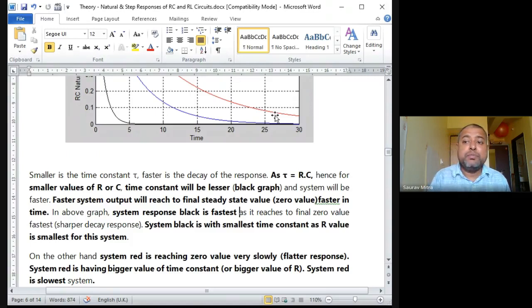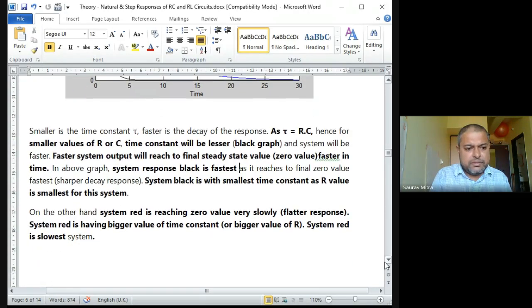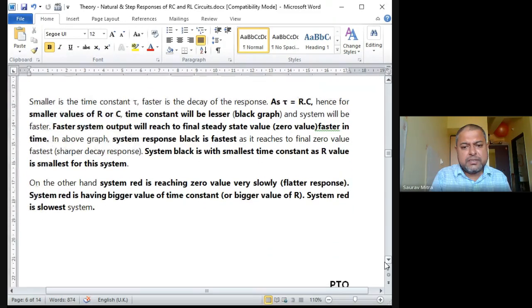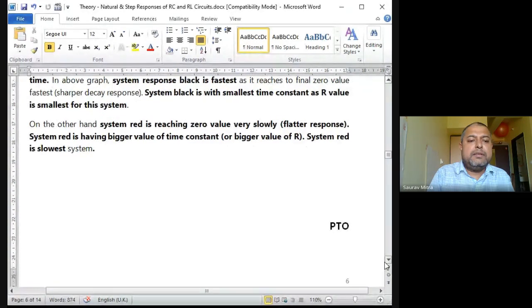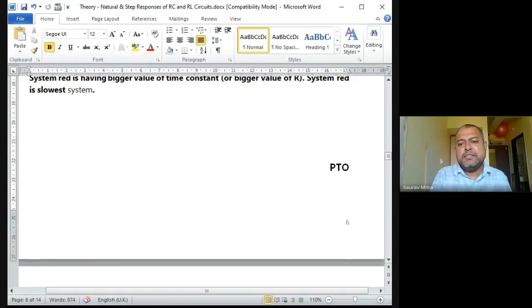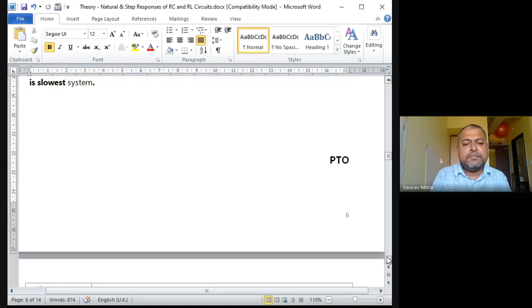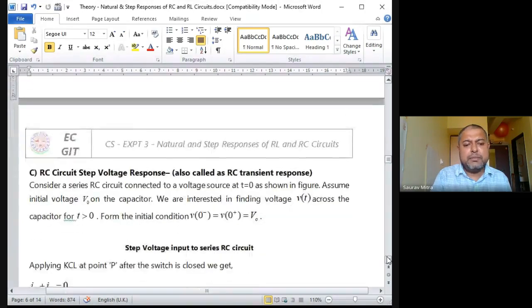If the RC value is more, the fall will be slower, likewise t by tau. So these are the things we will be checking in our experiment also. We'll be producing all those graphs and we'll see how exactly it happens.